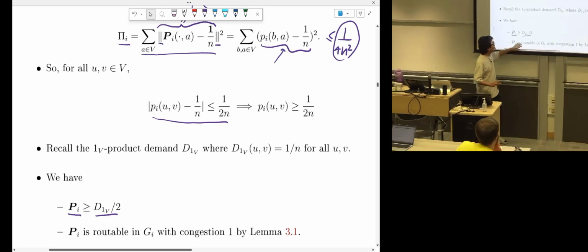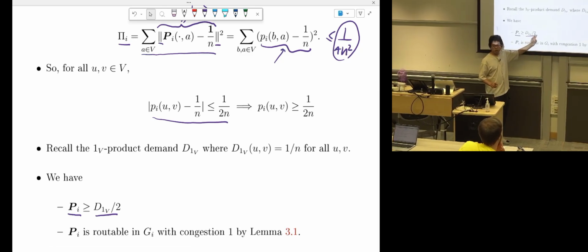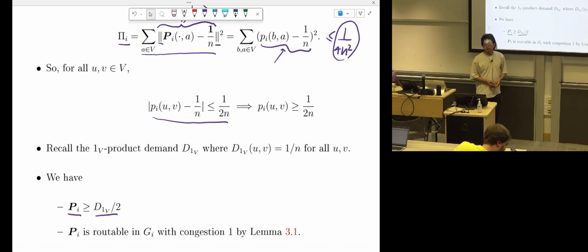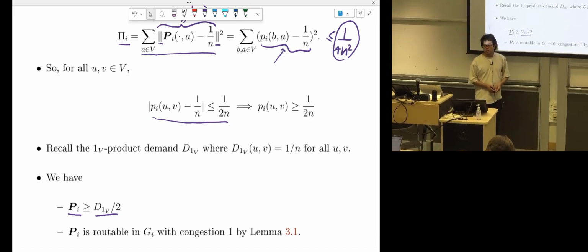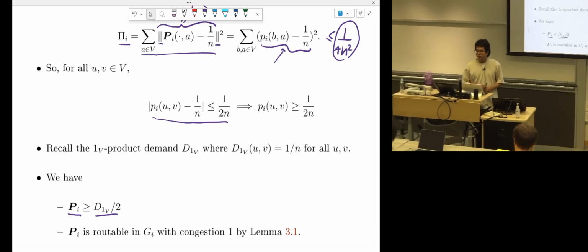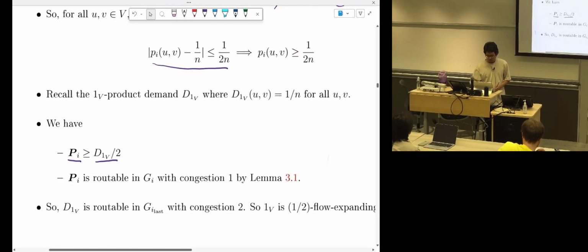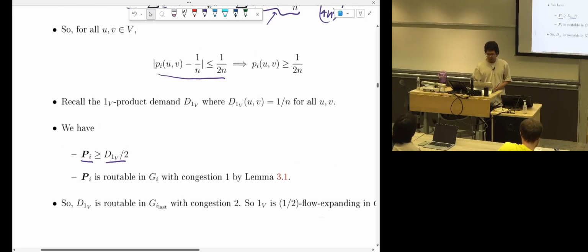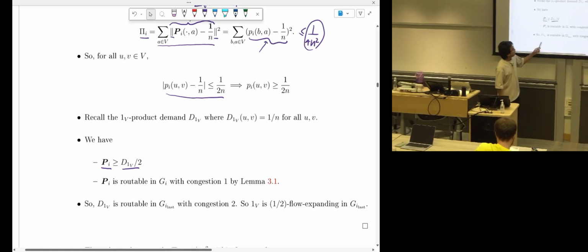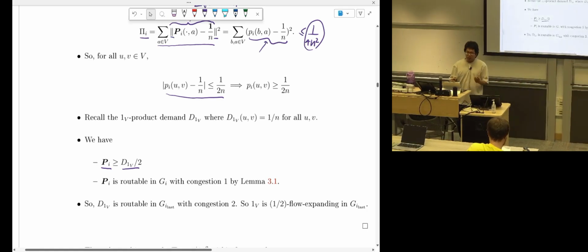So you can route the product demand over 2 with congestion 1. So you can route the product demand with congestion 2. If you can route the product demand with congestion 2, then the flow expansion is 1 over 2. I hope that you are convinced by now.